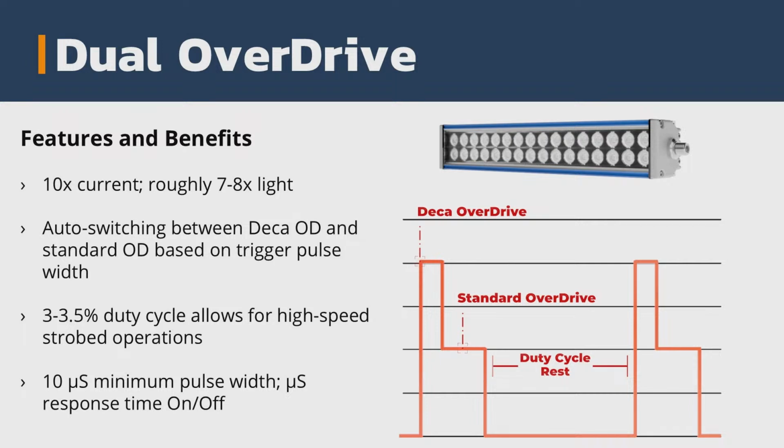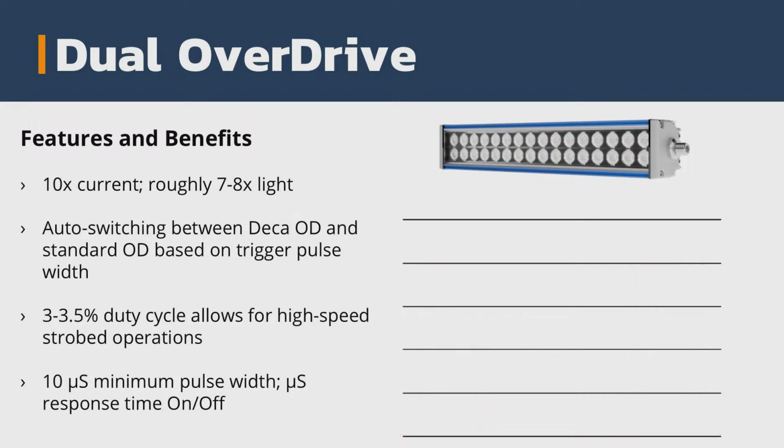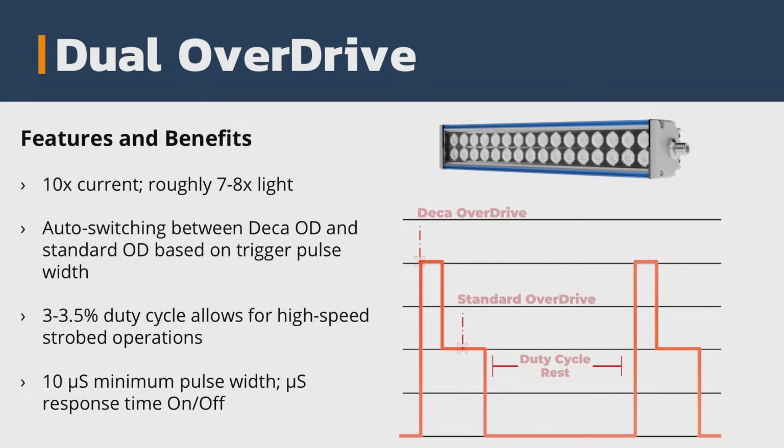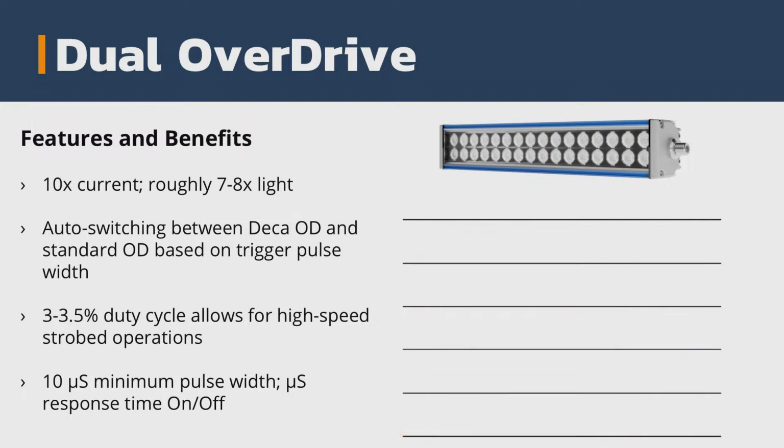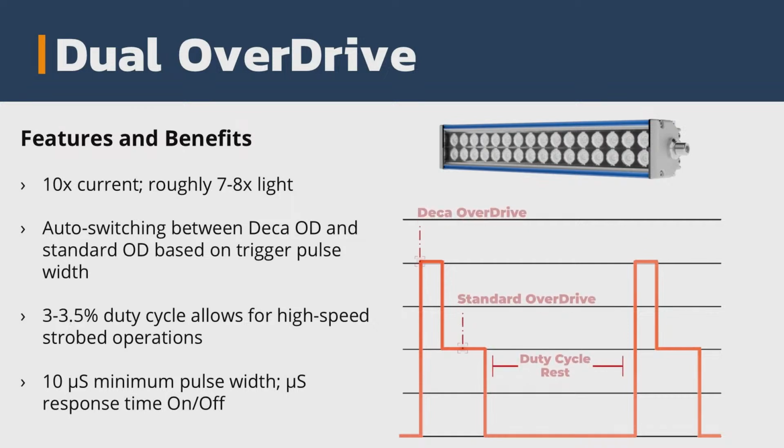The only time when you're in those kinds of situations and you'd use a normal one is if you weren't fast and you would just prefer the normal types of overdrive to release the duty cycle limitations and expose for a longer period. Otherwise, if you're in a fast application, dual overdrive is the way to go.